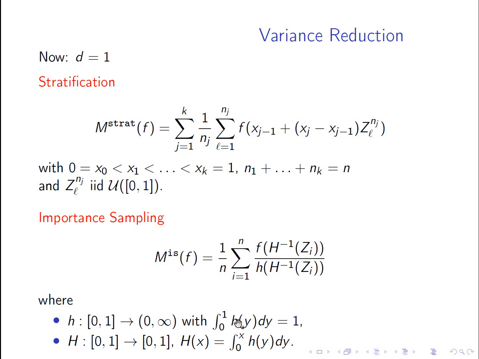The integral over small h is just 1, and capital H is the antiderivative. Having strict positivity and integral equal to 1, small h is in fact a density function, and capital H is the corresponding distribution function.